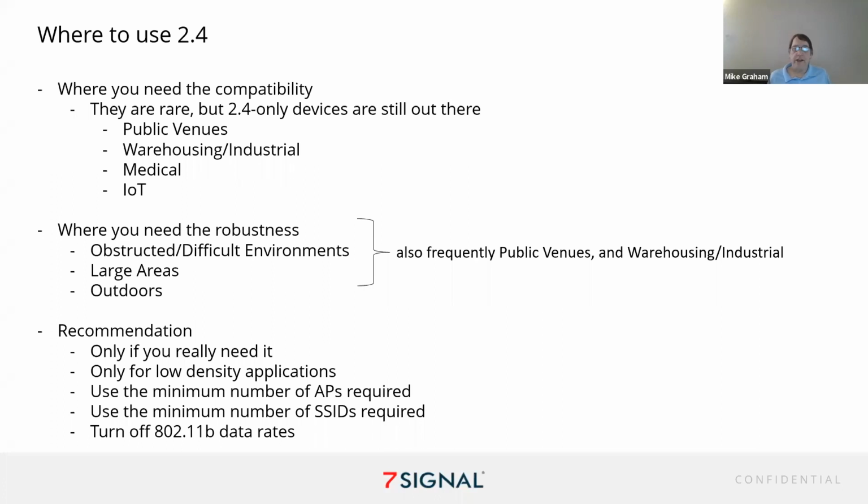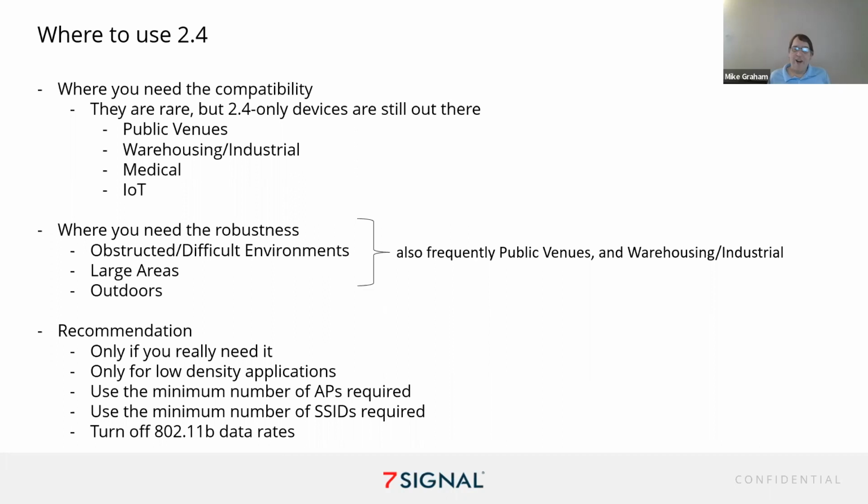A lot of that is the number of APs. If you've got hundreds of 2.4 APs, you're going to have those performance problems. Minimum number of SSIDs, same thing. Every SSID is going to create management traffic, very much like an independent physical access point.